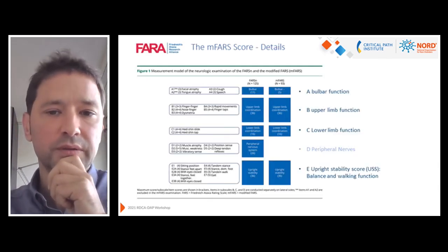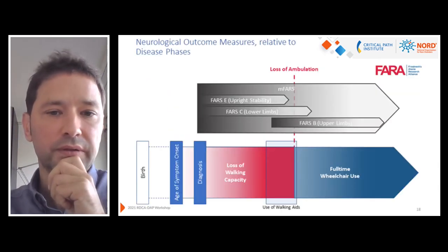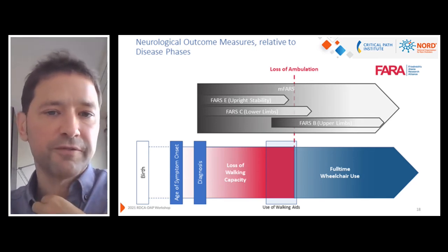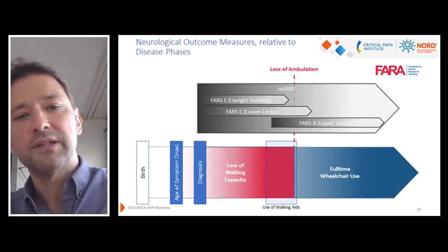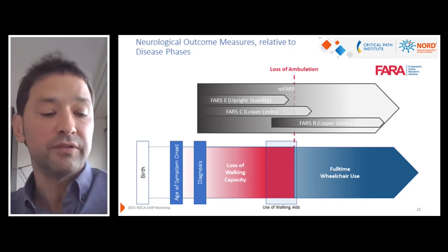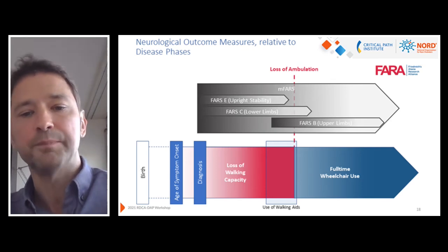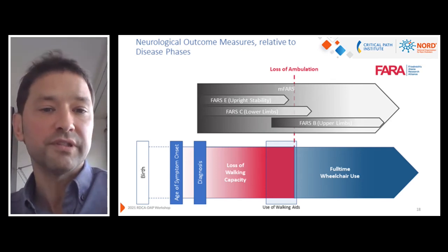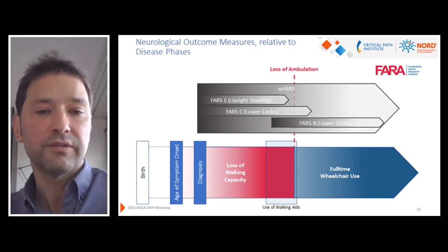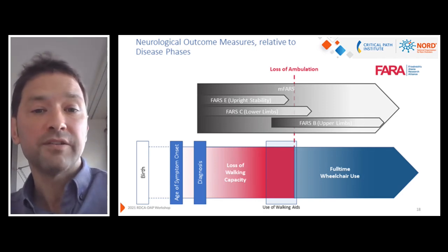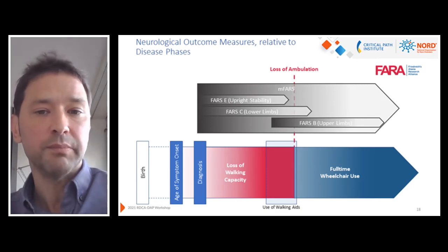Now, if you put these measures in the context of my disease progression slide here, you can see that the FARS was actually designed to cover the whole disease range. But if you look down at the subscores, you will see that, of course, certain scales only work in certain disease phases, and balance and walking only works in ambulatory people.